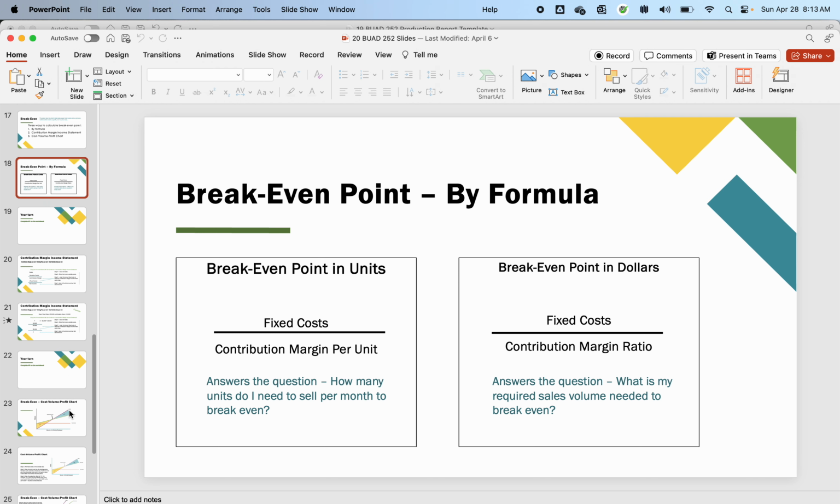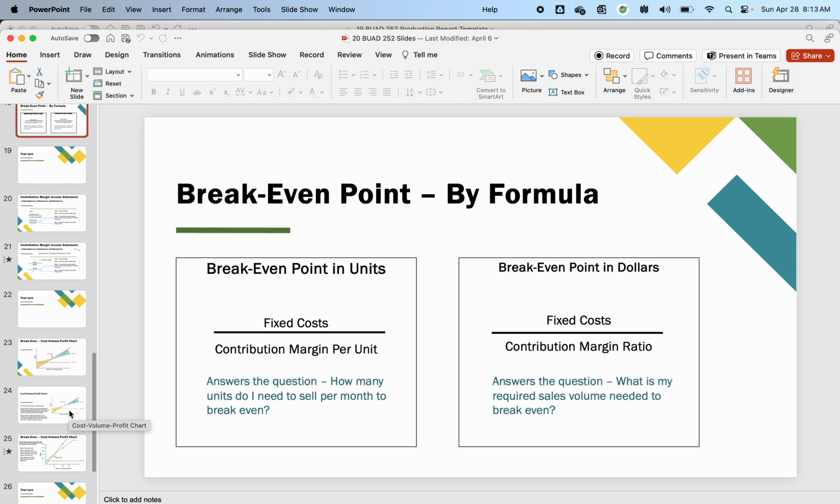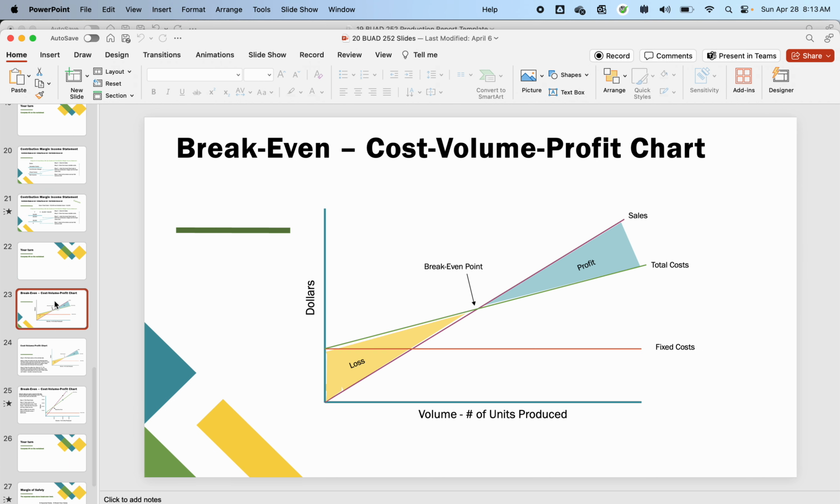All right. So that's just a start in terms of where we are, but we'll also have to be able to draw a cost volume profit chart, which means that this is on the exam. It's basically, here's some information.